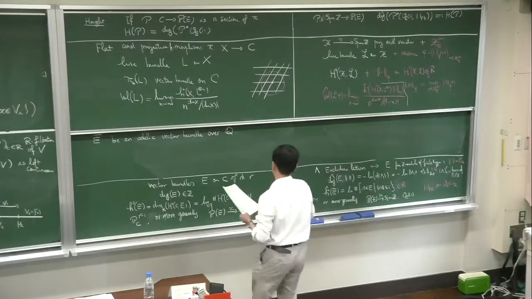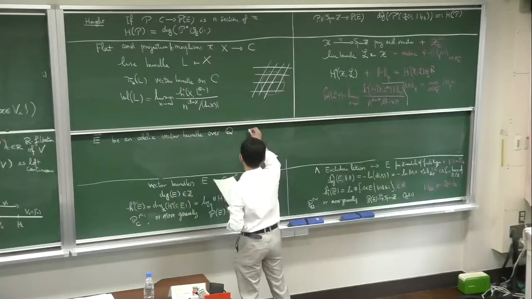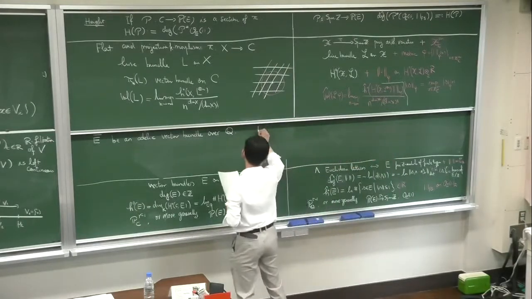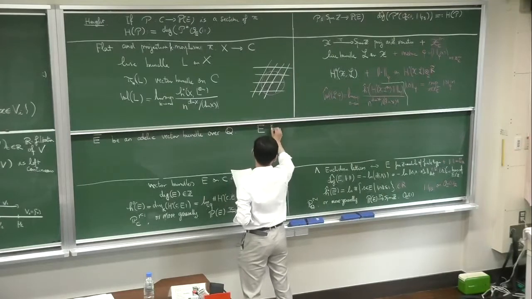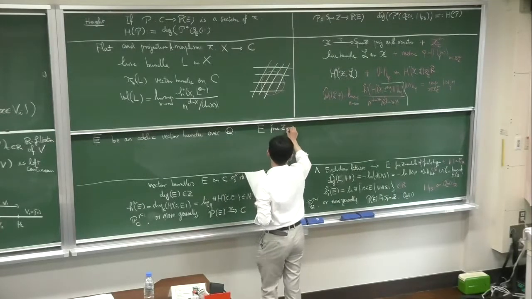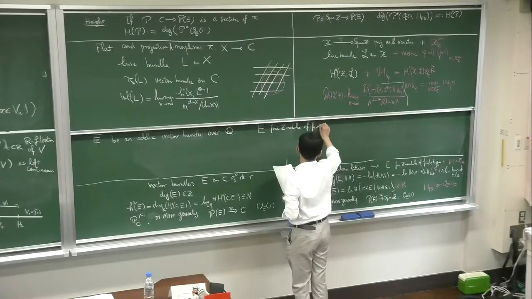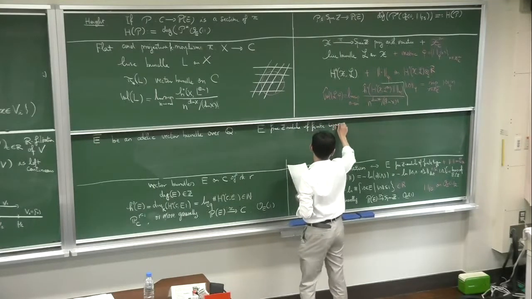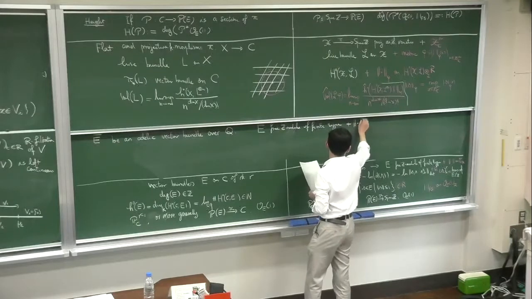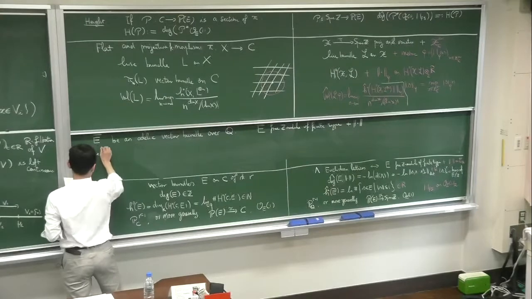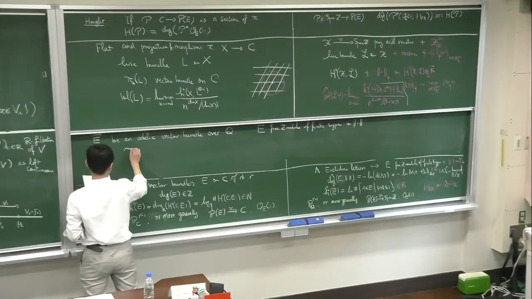Maybe it's better to take this point of view. So you have E some free Z-module of finite type, and you have some norm. Okay, then I will give you the definition of an R-filtration.